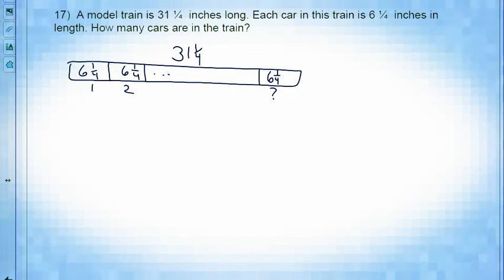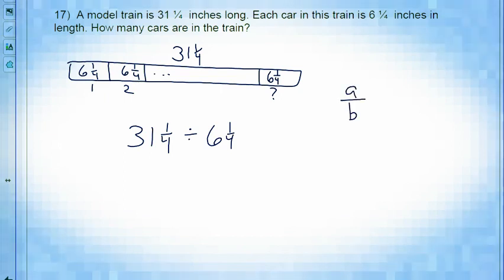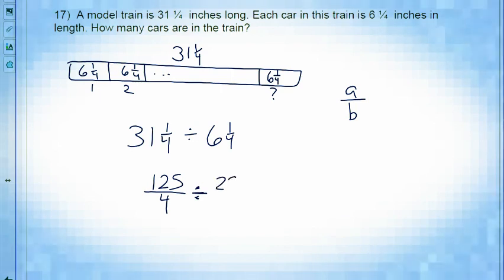So I get 31 1/4 divided by 6 1/4, and I need these in the form A over B. 31 times 4 is 124, plus 1 is 125 over 4, divided by 6 times 4 is 24 plus 1 is 25 fourths. Keep. Change.